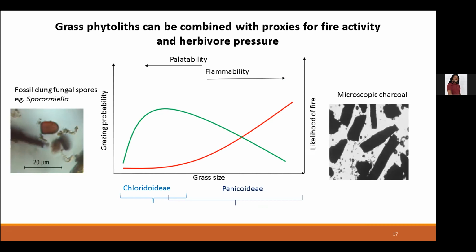At the same time, microscopic charcoal can be used to reconstruct fire history. So we expect that the more charcoal there is, we're leaning towards the panicoid tall grasses, and the less charcoal there is, we're leaning towards the chloridoid short grasses.